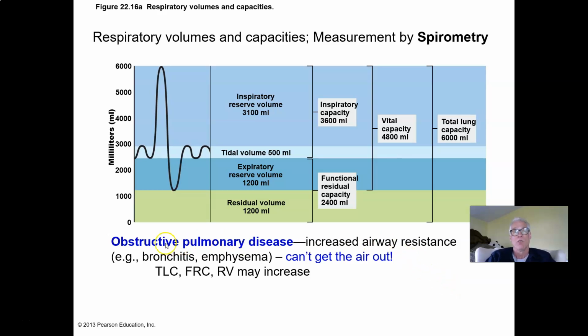Because an obstructive pulmonary disease is one that's characterized by an inability or inefficiency in getting the air out. It's very hard to expire air. When you have bronchitis and emphysema, a relatively common condition, unfortunately, called COPD, it's the endpoint of a life of smoking cigarettes.